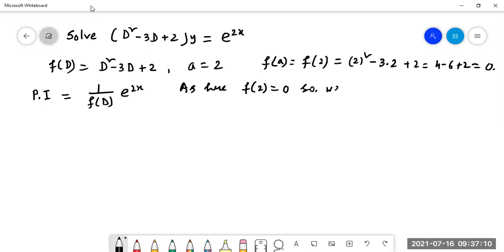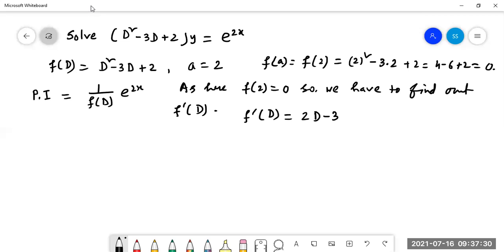So we have to find out f dash D. f dash D means first order derivative of f(D) with respect to D. That means 2D minus 3, no? Isn't it? This is the value of f dash D.